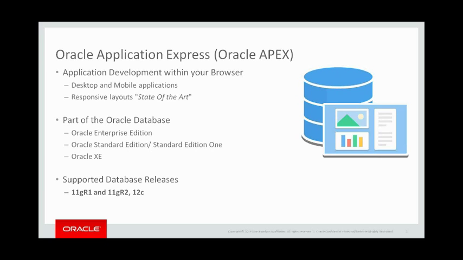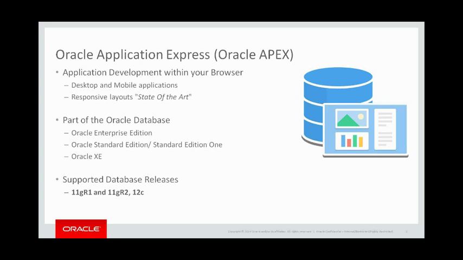So what is Application Express? Application Express is an environment to create database-centric applications within the Oracle database directly from your browser. So we have an application development environment which runs inside the Oracle database, which allows us to create database-centric applications.